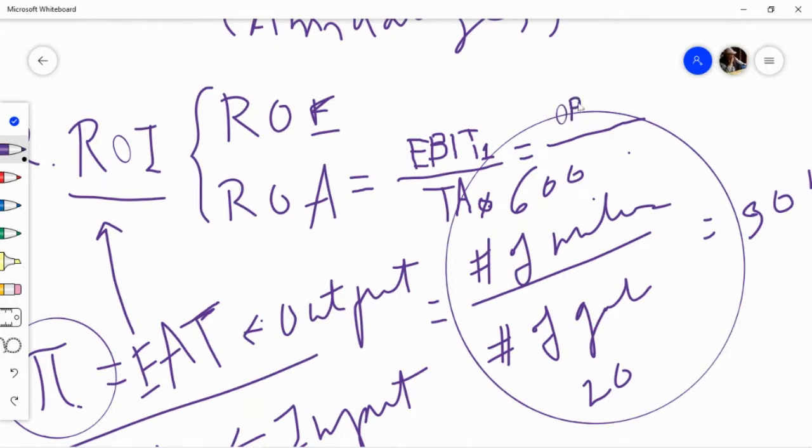Operating profit over total assets at time 0.